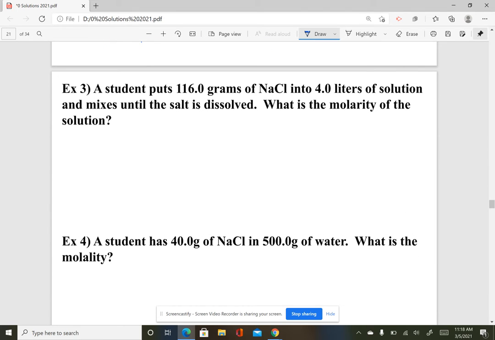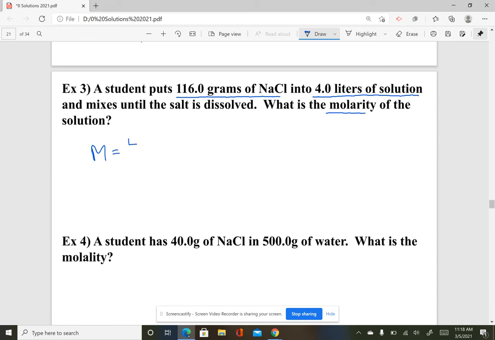Okay, so let's underline what we're given. A student puts 116 grams of NaCl into 40 liters of solution, and we're being asked to find molarity. So guys, if they're asking you to find molarity, you have to use the molarity formula.